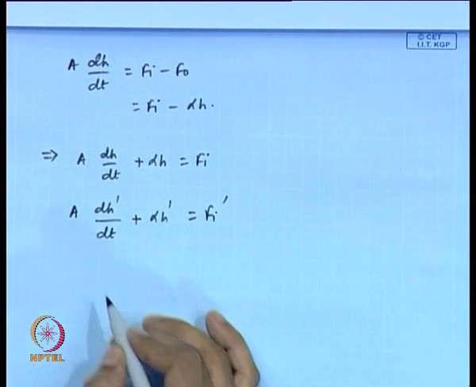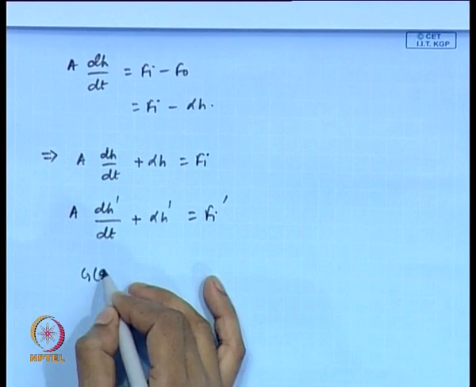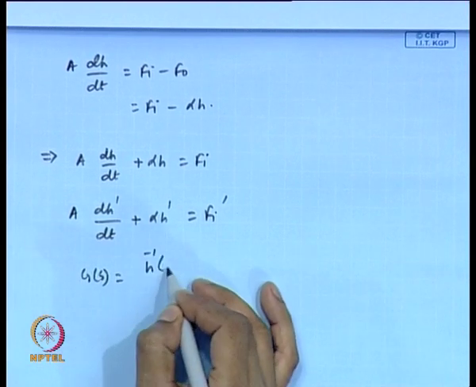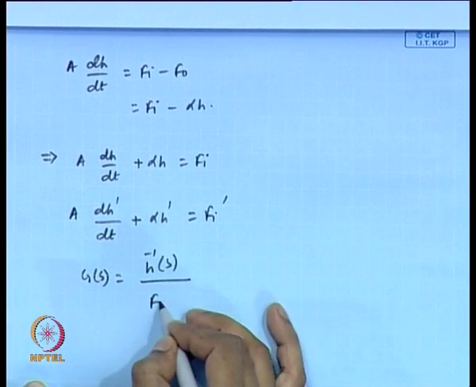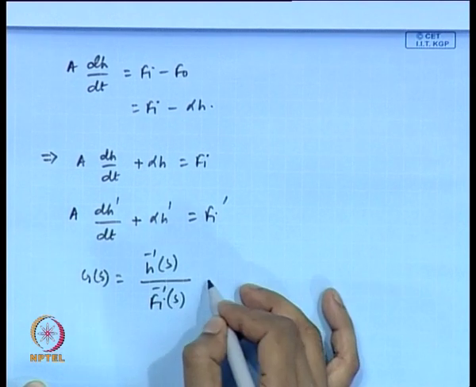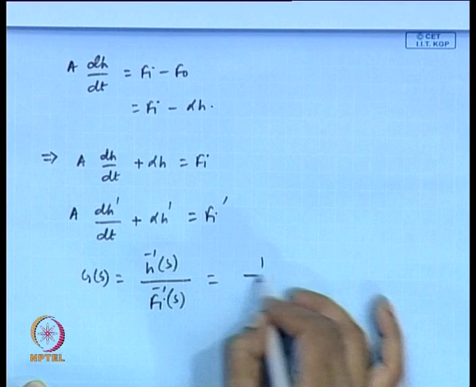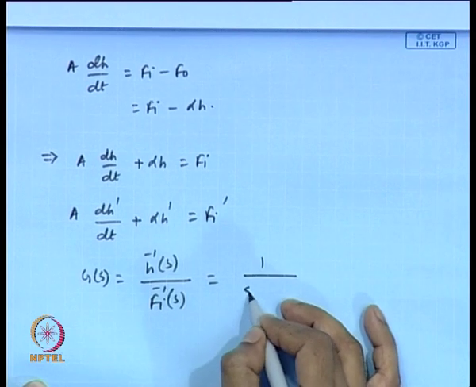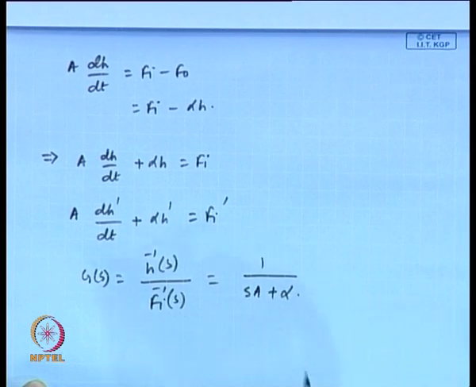So, what will be the transfer function for this? H bar prime s divided by F i bar prime s equal to 1 divided by A s plus alpha. Can I write this? Agree or not?